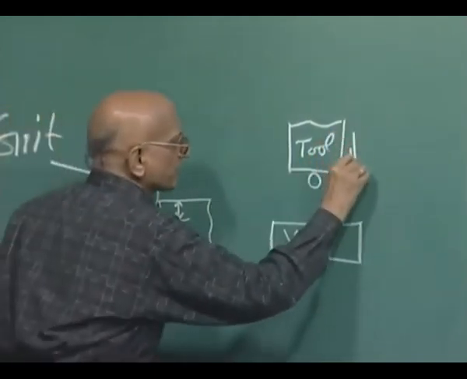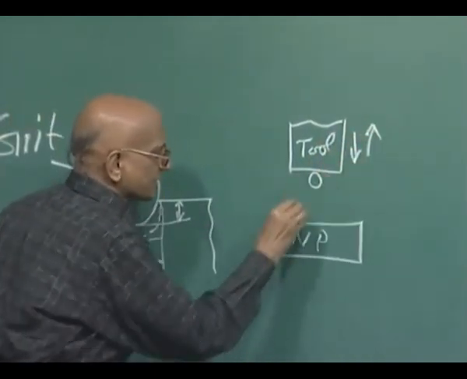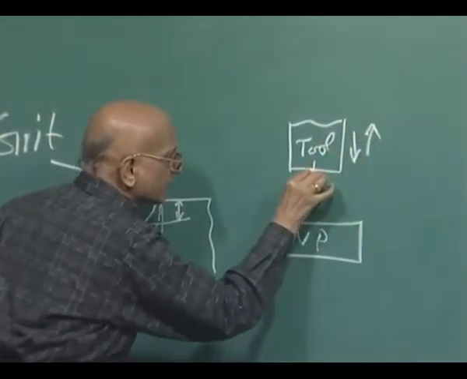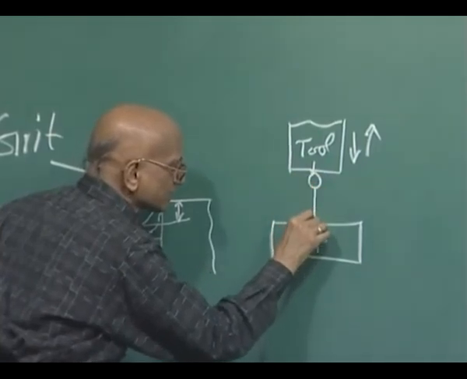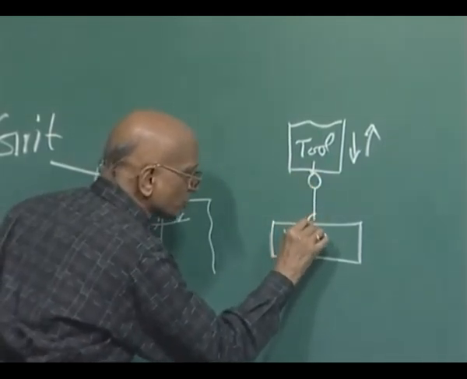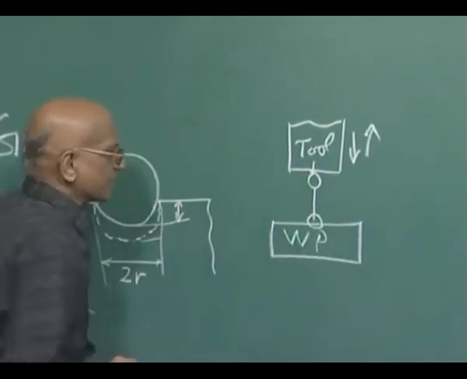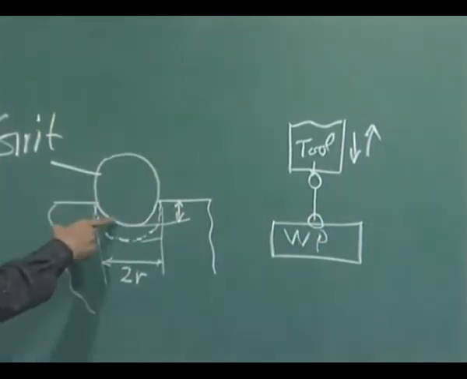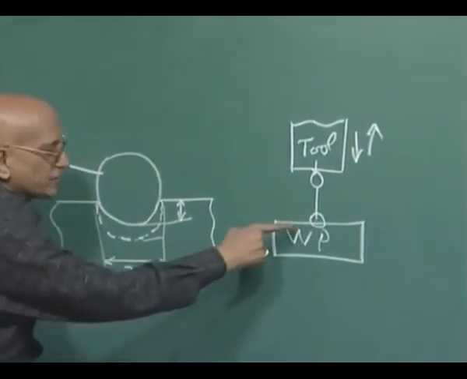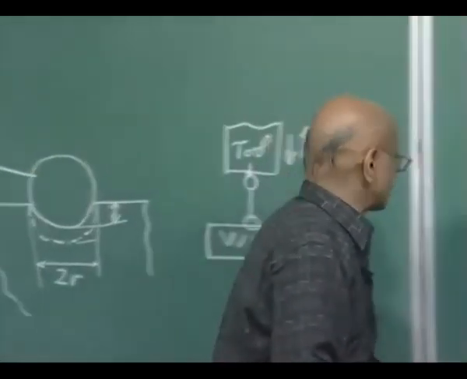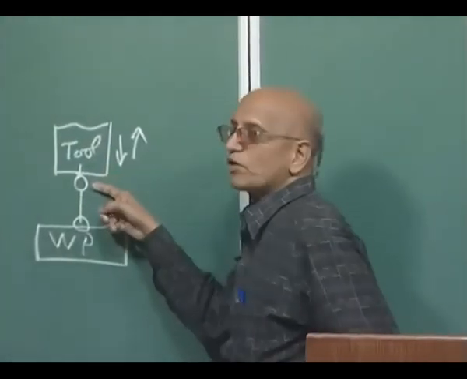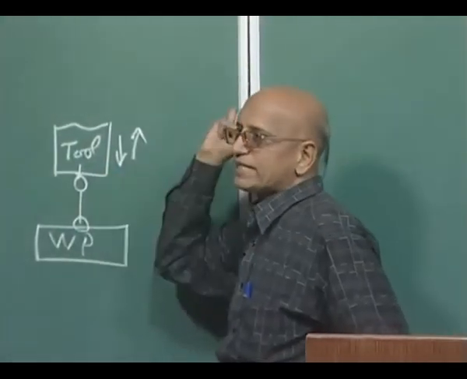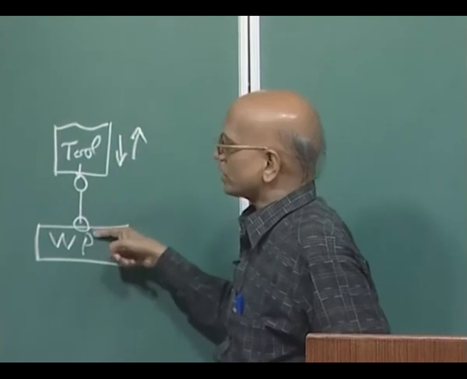When this tool is vibrating ultrasonically, it will hit this particular abrasive particle. As a result, this particle will move towards the workpiece and penetrate inside the workpiece, as in this particular case or in this particular case. This is known as the throwing model, because here the particle is thrown by the tool towards the workpiece.